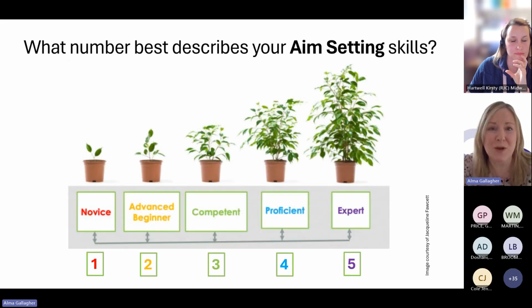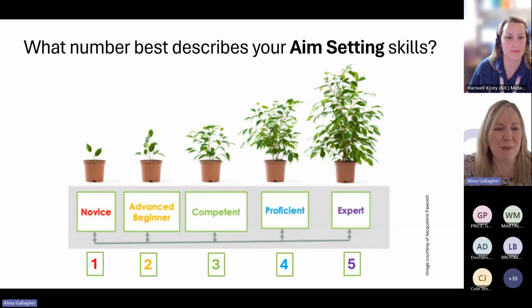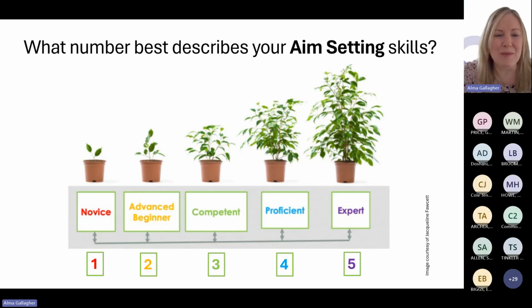Before we started, I was hoping people could select where they are on their aim setting skills. You might recognize this. This is Benner's novice to expert model. Where are you in your skills around aim setting? If you could pop into the chat whether you think you're a novice or an expert, or somewhere in between.